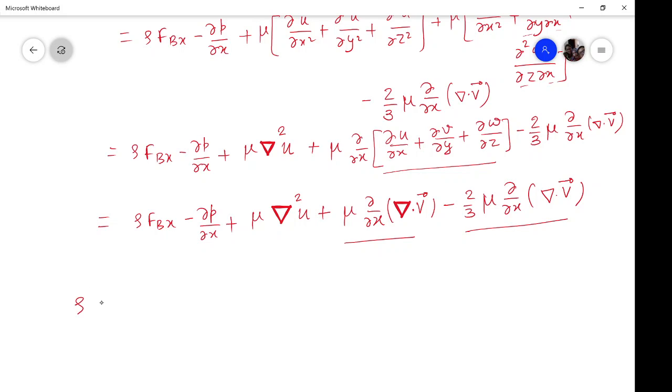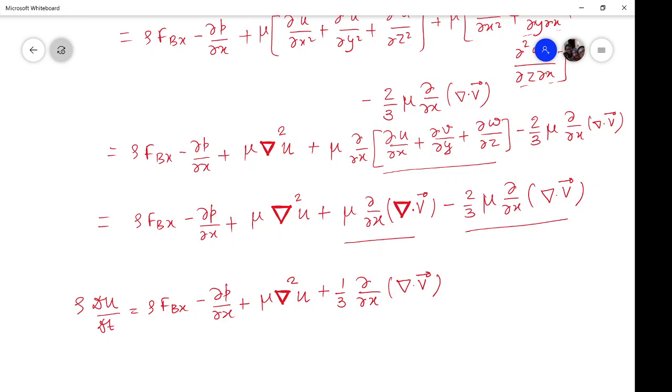So this becomes ρ Du/Dt is ρ f_bx minus ∂p/∂x plus μ ∇²u plus 1/3 ∂/∂x of the divergence of velocity. Okay, so this equation is in the x direction.